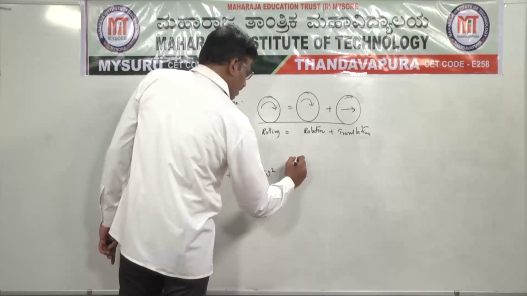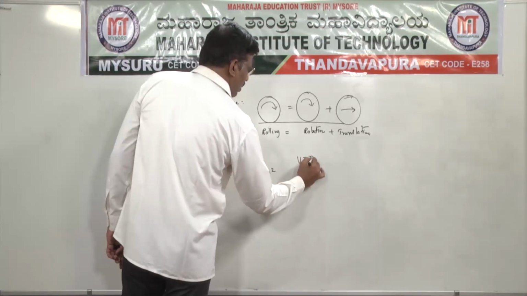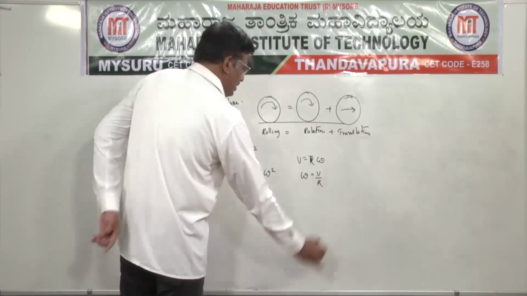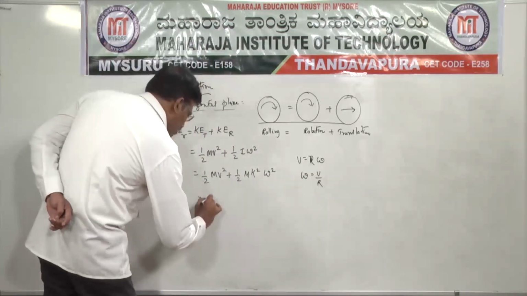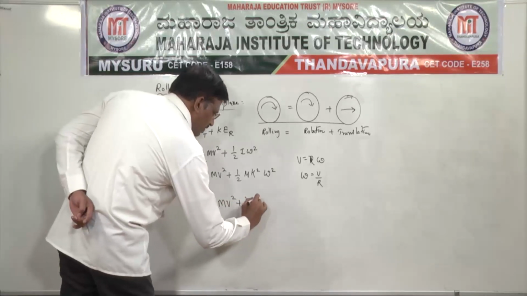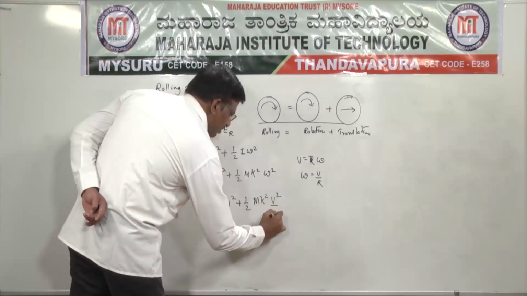Again from v = rω, so ω can be written as v divided by R. So half m v squared plus half m k squared into v squared by R squared.